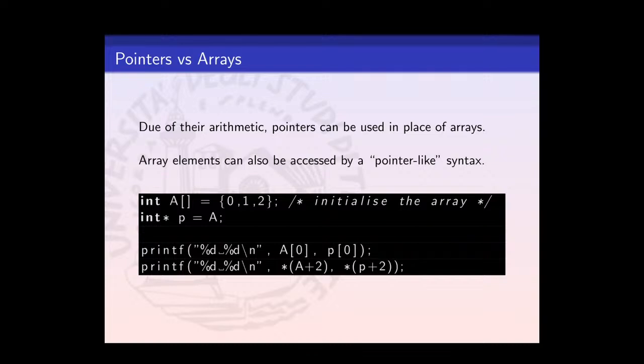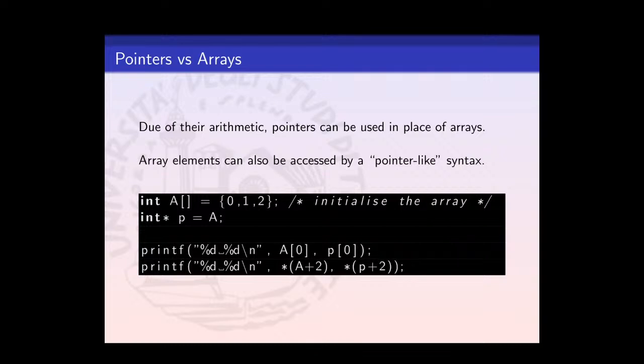So to get the content of the array, we need to use the star notation. The star notation, I recall to you, is telling the compiler that we don't want to deal with the value of the expression, but we want to deal with the content of the memory pointed to by that expression. Okay? So in this way, in the last line, we are saying we want to know the content of the third cell of the array A.